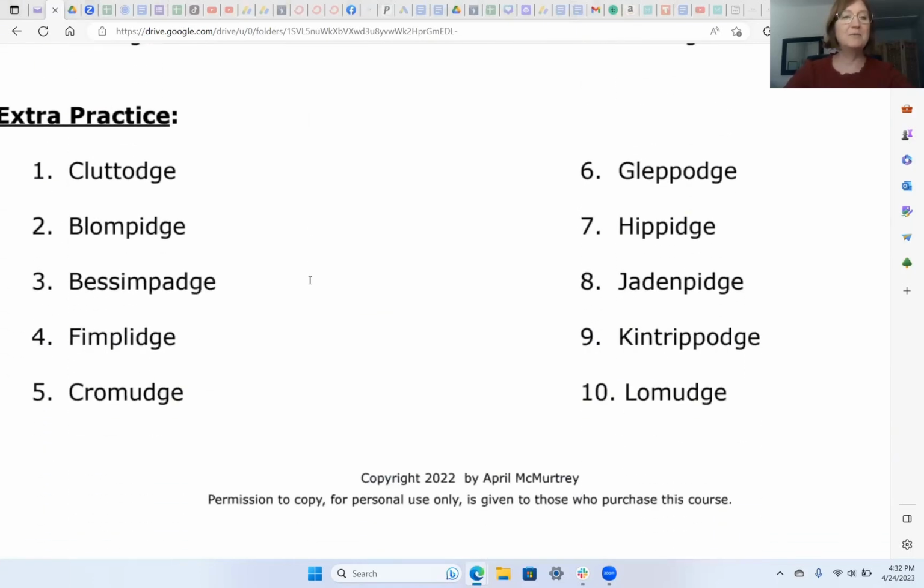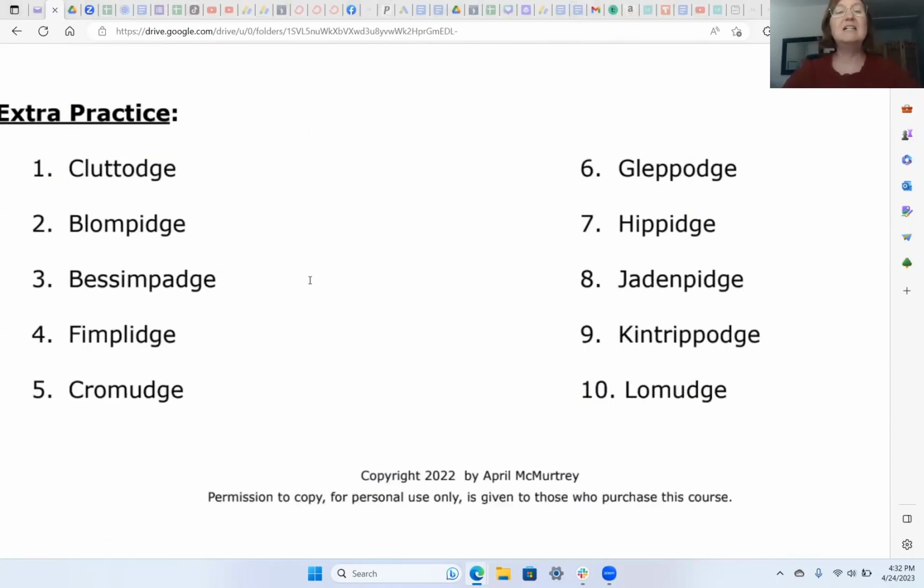Okay, so extra practice number 1 is clottage. If you remember, or if you weren't here, here's a little bit of information for you. Whenever you see a DGE, it's always going to come right after a short vowel sound.